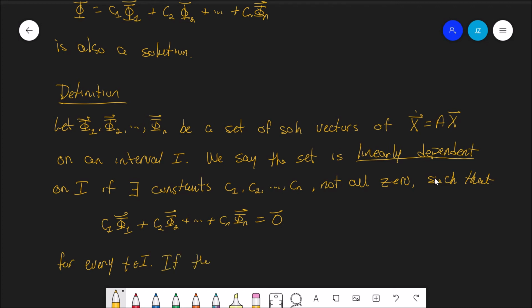If the set is not linearly dependent, then it is said to be linearly independent.